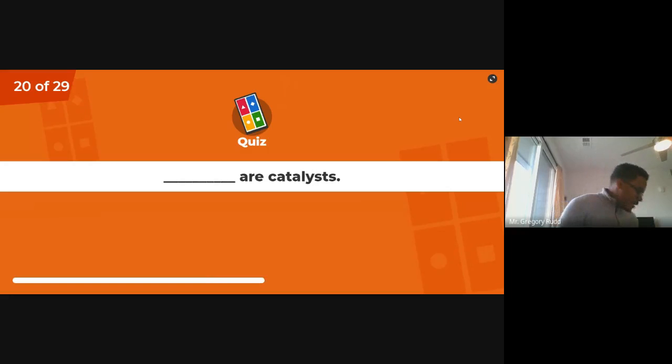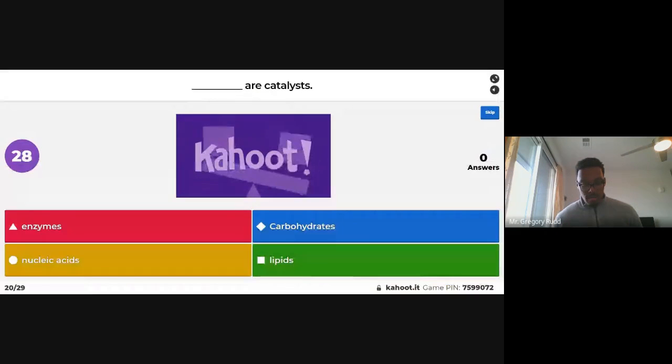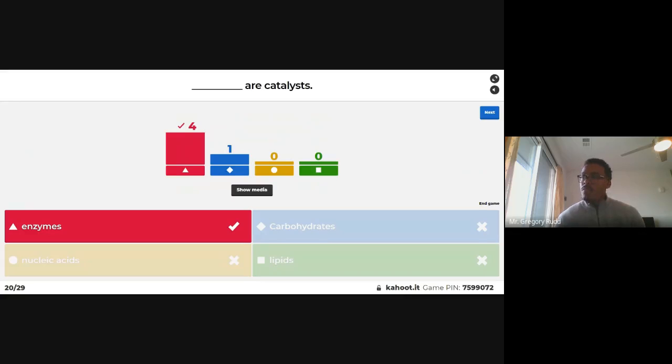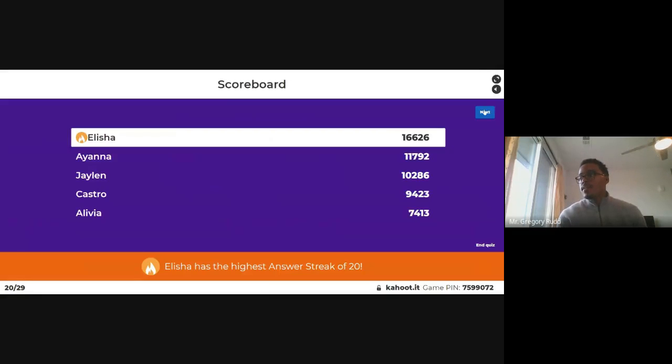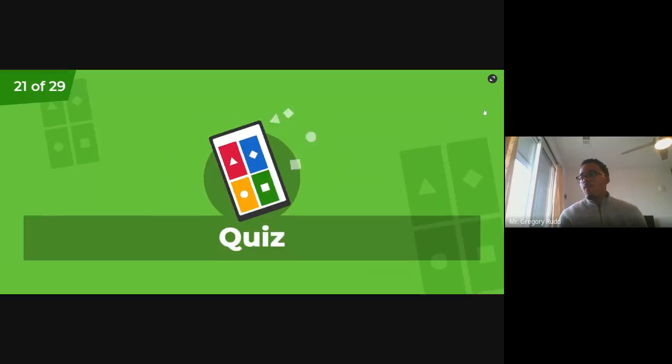Blank are catalysts. Enzymes are catalysts. The word catalyst means that it speeds something up.